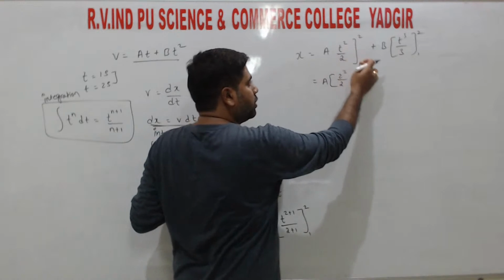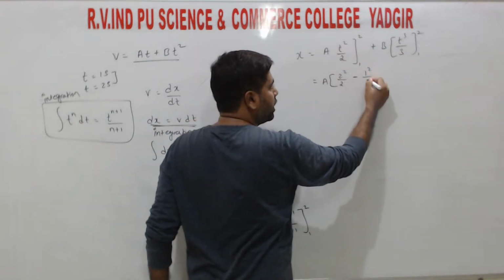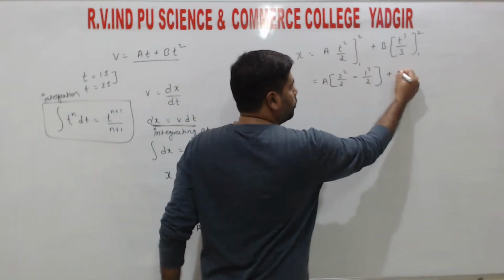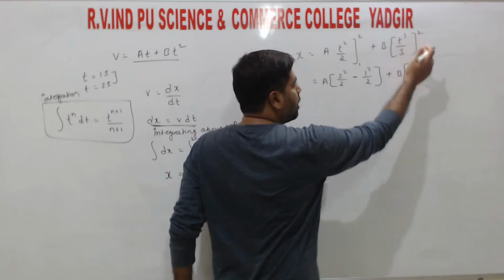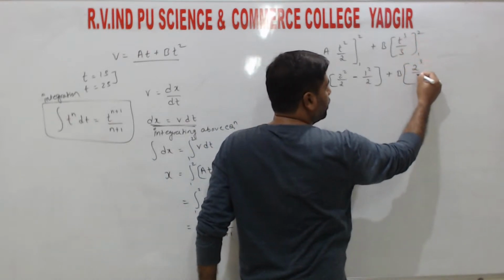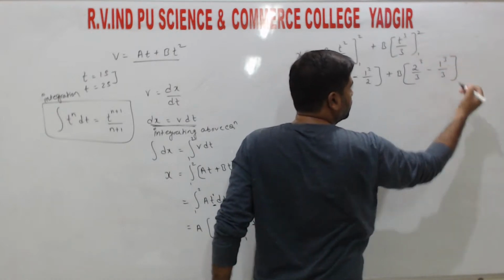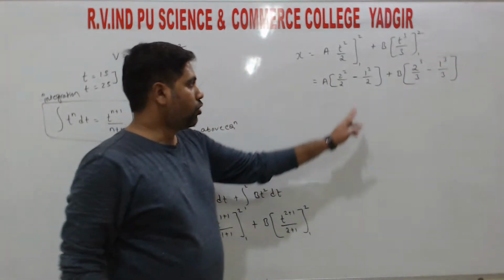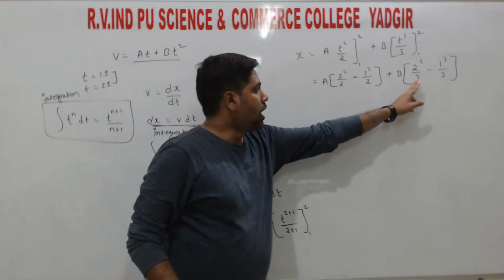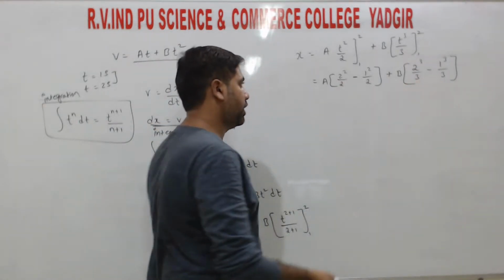The lower limit is 1 square divided by 2, plus b into, again upper limit 2 cube divided by 3 minus 1 cube divided by 3, right? Upper limit minus lower limit.